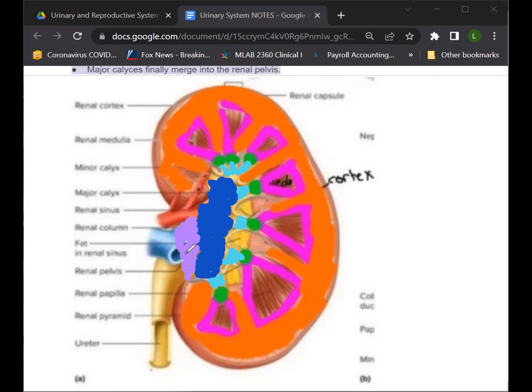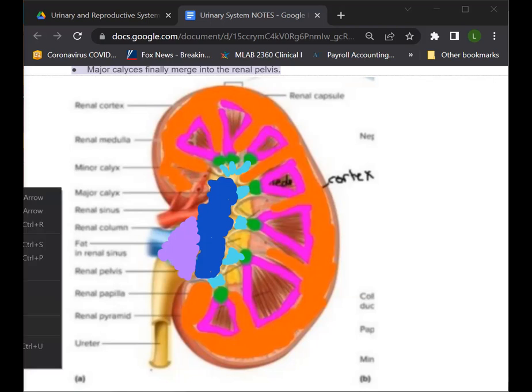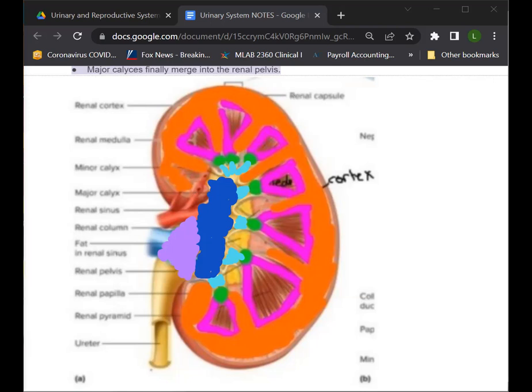Okay, and then after the major calyces, there's the renal pelvis, which is in the lavender. It goes from the renal pelvis to the ureter, and then from the ureter down to the bladder.